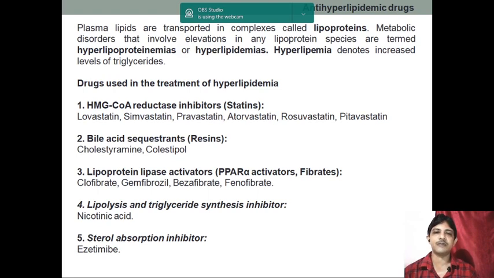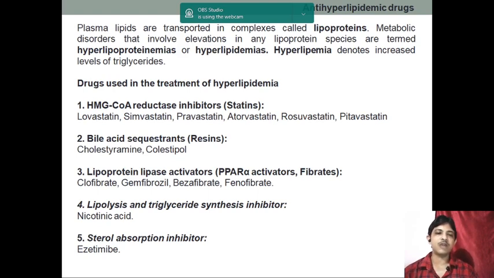These are the drugs under the class of HMG-CoA reductase inhibitors. Next are the bile acid sequestrants, that is the resins, such as cholestyramine. Next is the lipoprotein lipase activator, that is the PPAR alpha activator or fibrates, such as clofibrate and gemfibrozil. Fenofibrate is a very useful drug.